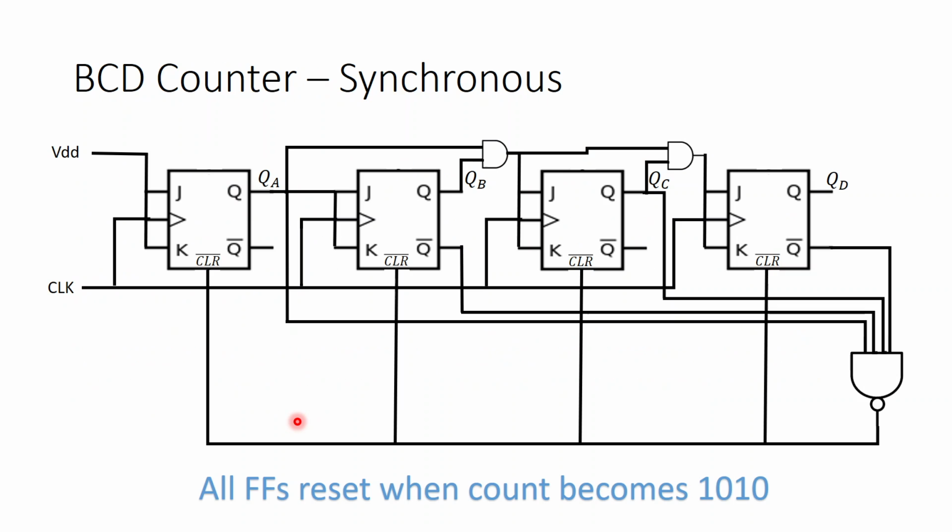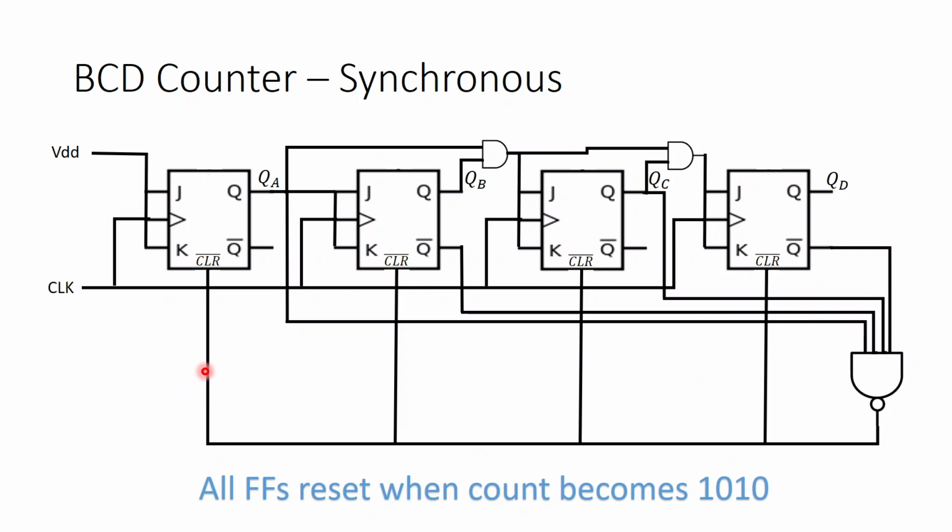That means in this particular case, when 1001 is already at the output, you should have formed a logic circuit which gives you a reset signal with this input being 1001.